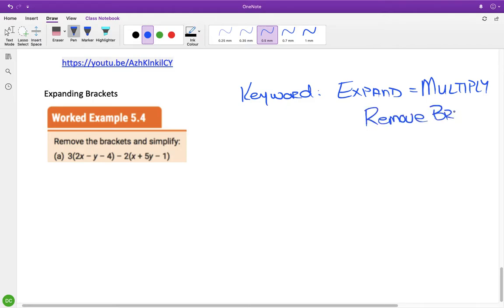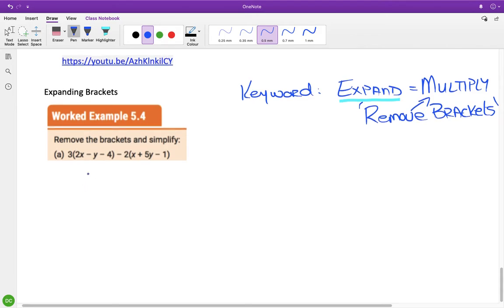The only way to remove the brackets is to multiply them out. If they tell you to remove the brackets, they're implying that in order to remove them, you have to multiply. So the only word that you might not know is expand, and it means multiply.